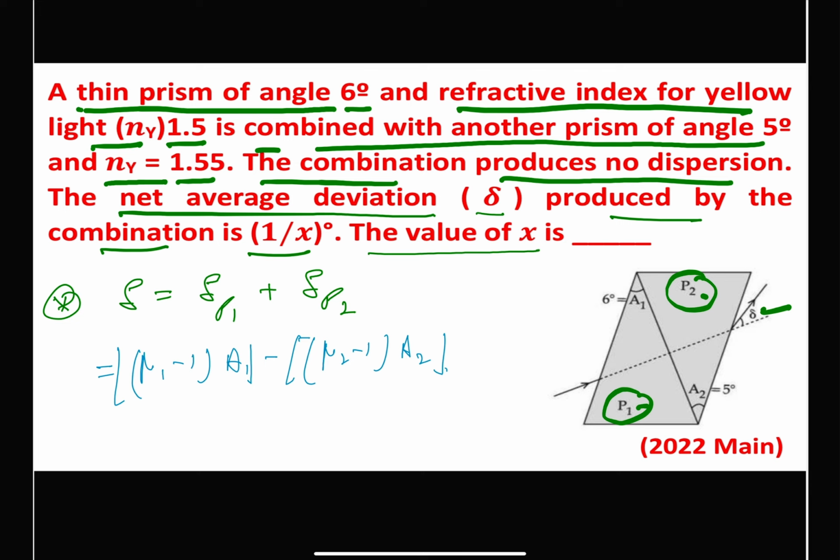So we can substitute the values. Mu1 is given to us as 1.5, minus 1, and A1 is given as 6, minus, and mu2 is given as 1.55, minus 1, and our angle is given as 5.